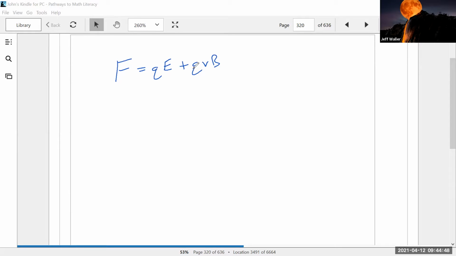So I put a little charge, a little proton or electron or something, into an area that has an electric field and a magnetic field, and the electron is moving at a certain velocity. This would be the force that the electron feels because of the electric and the magnetic fields.